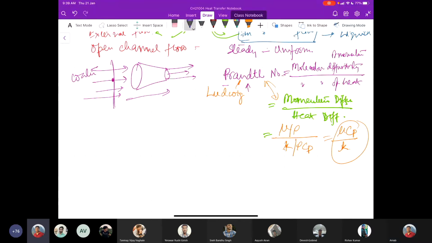Now similar to the treatment that we did for the Nusselt number, what if the Prandtl number is 1? What do you understand by that? Prandtl number 1 means both momentum and heat diffuse through the fluid at the same rate.